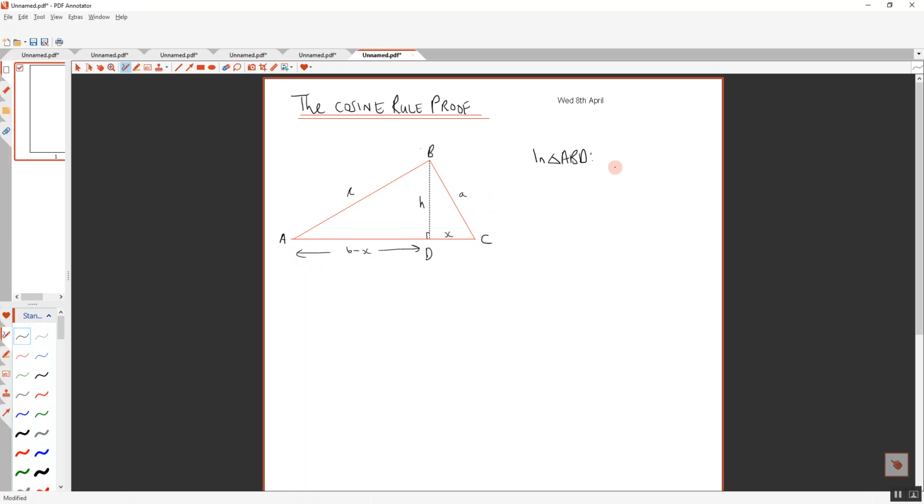Okay, so in triangle ABD, we can use our Pythagoras' theorem, which says that c squared is equal to h squared plus (b minus x) all squared.